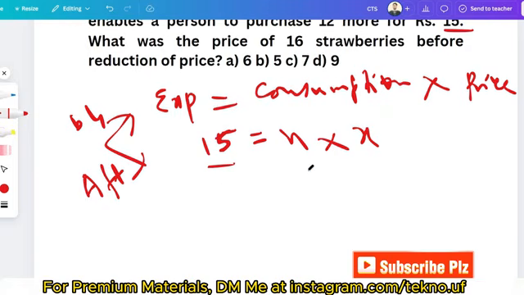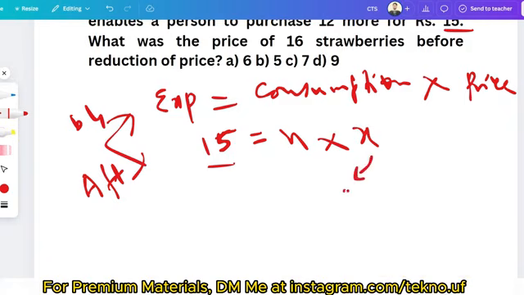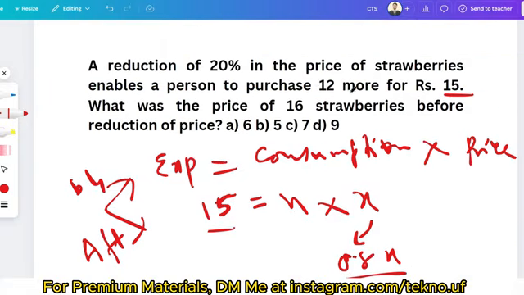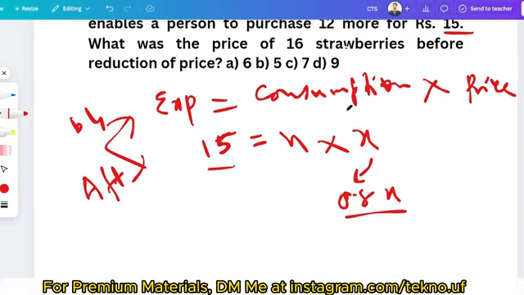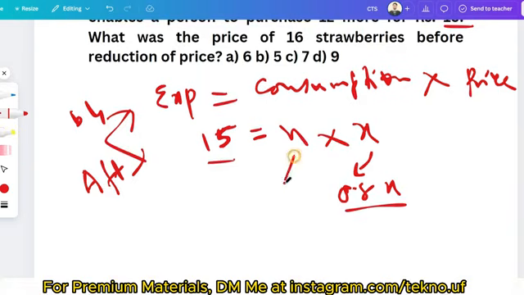But after reduction of price, let's say the price is reduced by 20%, so the new price will be 0.8x. Okay, and if the price is reduced by 20%, then he can buy 12 more strawberries. So he could buy N earlier, now he can buy N plus 12 strawberries.